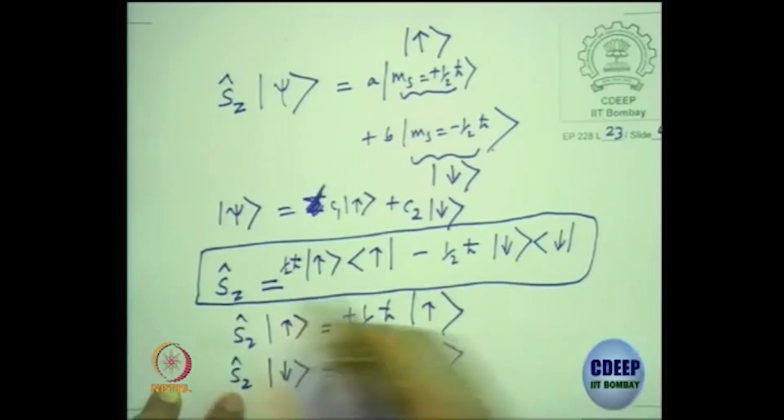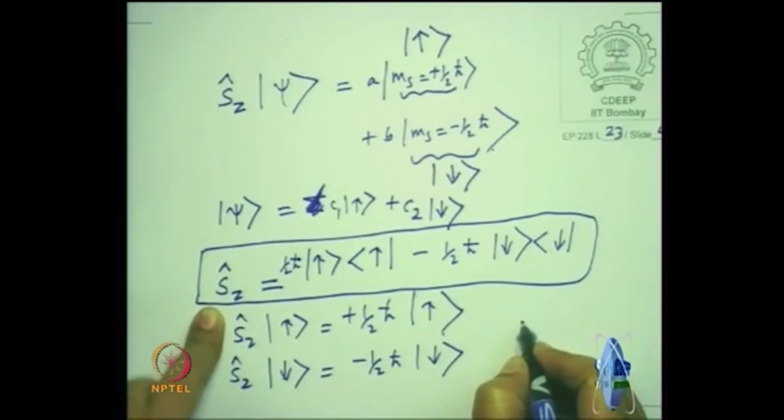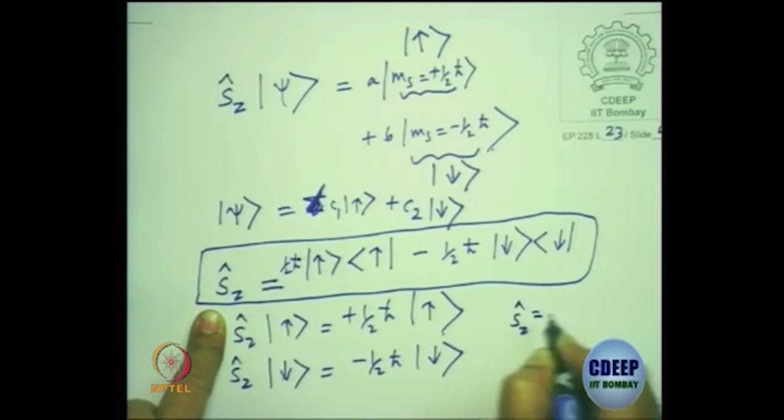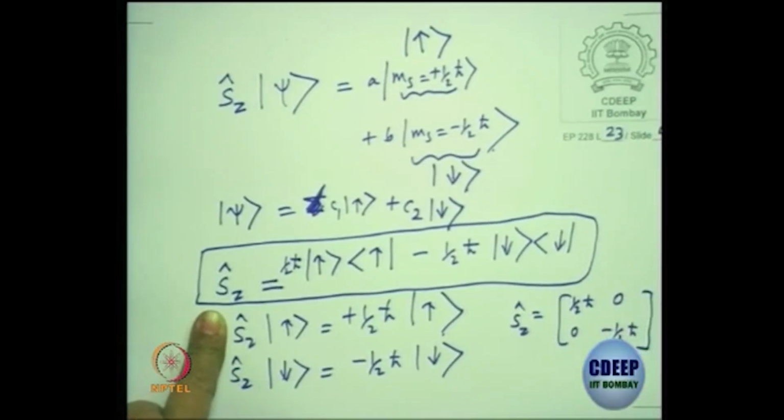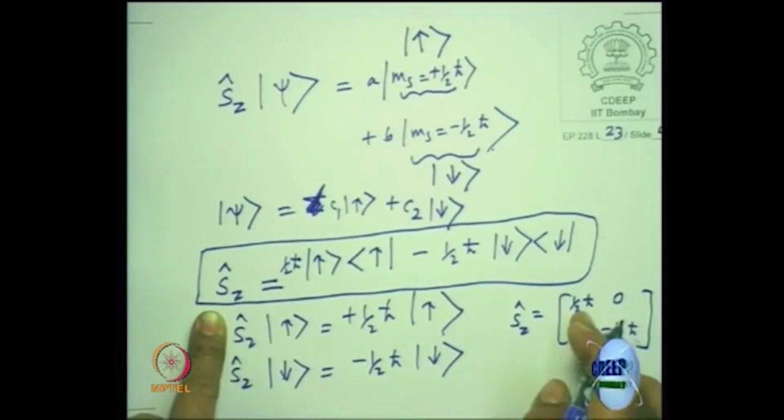Can you also write what is the matrix form for it? It will be half h cross, 0, 0, minus half h cross. Is that right? If I put the first state to be up, this one to be down.